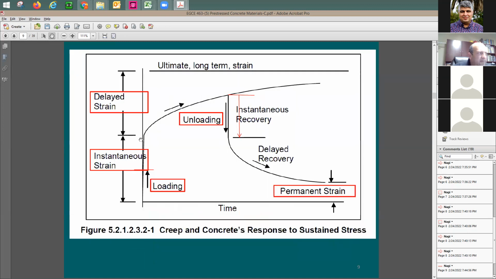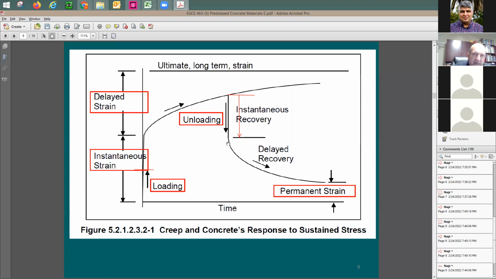So as it shows here, once you start the unloading process, now you take the load out, you're going to have all of this recovery. Some recovery is going to happen right away, almost all the way to here. And then some other recovery, because very similar to what happened at the beginning, you forced the concrete under this load to deform due to the creep, due to this long-term effect.